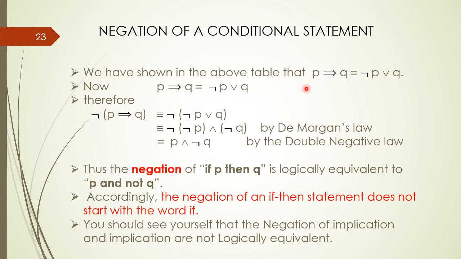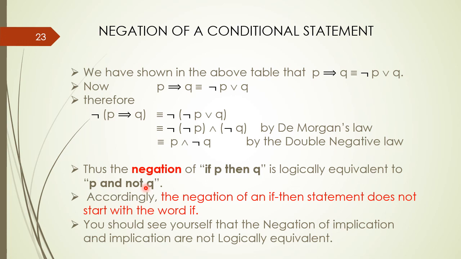Therefore, a conditional statement in the form if P then Q can be converted into a simplified form which is not P or Q, and if we apply the negation on the statement if P then Q, then we can put the equivalent expression for if P then Q, which is not P or Q. Thereafter, by applying De Morgan's law, we will get P and not Q. Thus, the negation of if P then Q is logically equivalent to P and not Q.